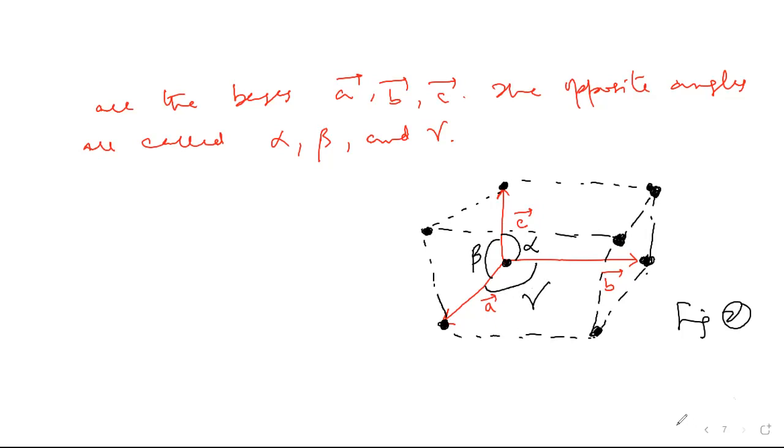So we said that in every case, the cell is a parallelepiped as shown in this figure 2, whose sides are the bases A, B, C, and opposite angles are alpha, beta, and gamma. Now we will tabulate these systems and lattices and the appropriate values for A, B, C, and alpha, beta, gamma. So let us move to that table.